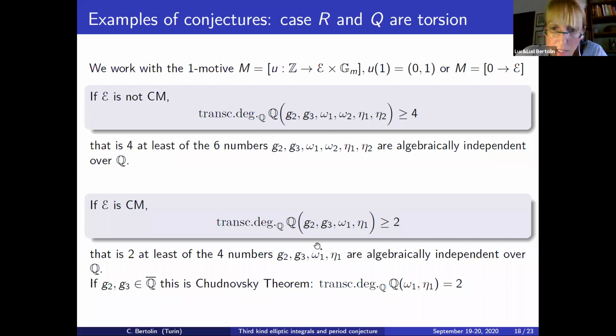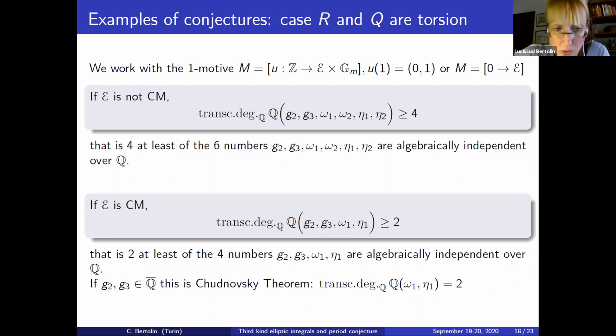This reduces to the Chudnovsky theorem. This means that the transcendence degree over Q of the field generated by ω1, ω2 is exactly 2. And this is the only case where the Grothendieck period conjecture is known. This is the case just of an elliptic curve of CM type defined over Q bar.